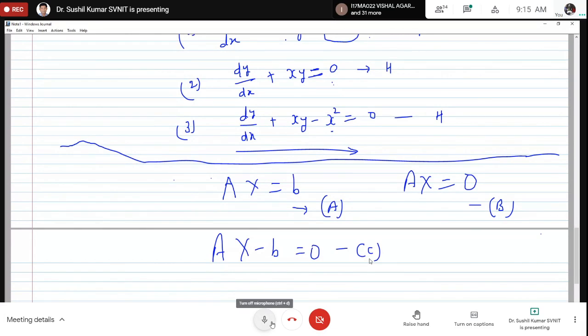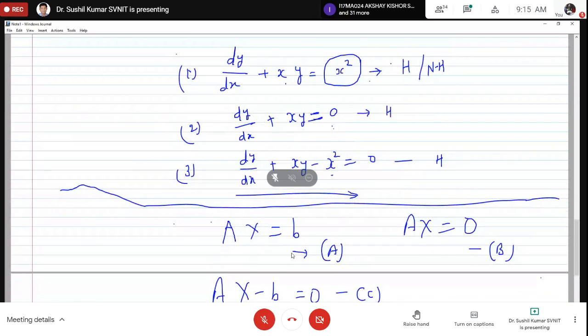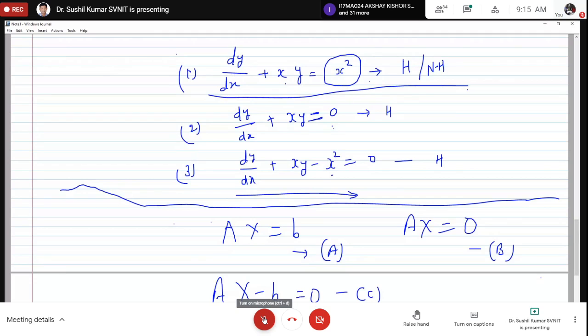If it contains x, then it is homogeneous. So now, can you tell me about equation 1, whether it is homogeneous or non-homogeneous?